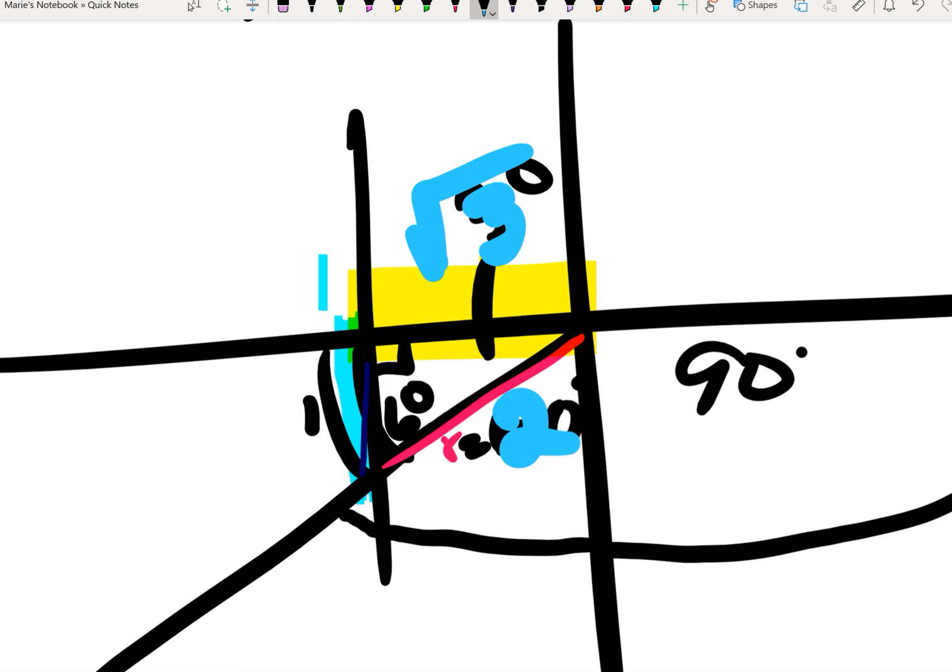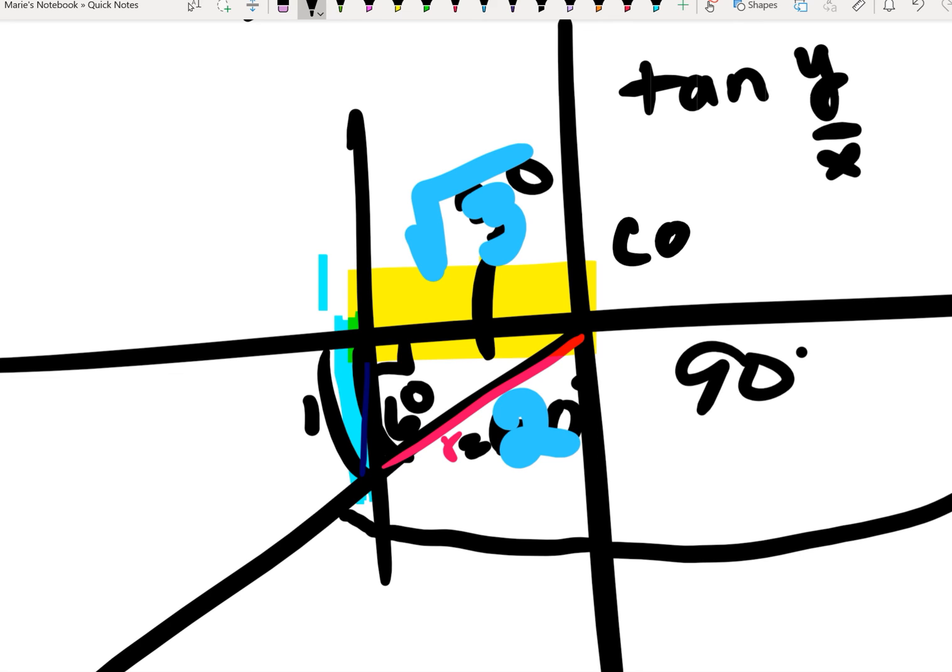So we use our ratios again. What is the ratio for the cotan? This should end up being square root of 3 over 1. Okay, because if tan is y over x, then cotan has to be x over y. So that's why we get square root of 3 over 1, finally.